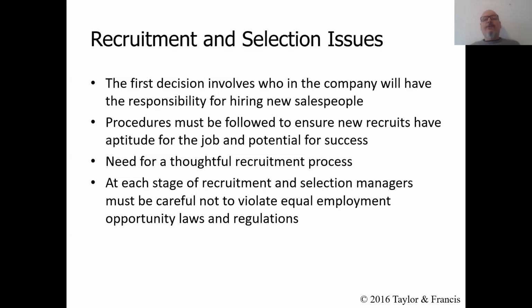We need a thoughtful recruitment process. Again, as I said, it must be planned. And at each stage of recruitment and selection, managers must be careful not to violate equal employment opportunity laws and regulations. It's really important. Towards the end, the chapter goes over those in detail.